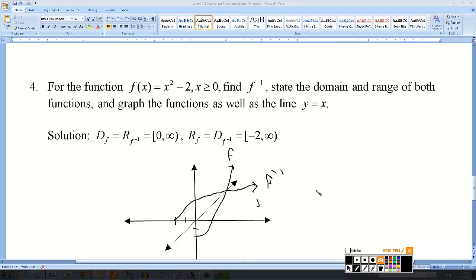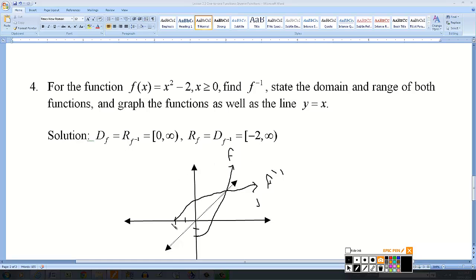So keep in mind that the domain of the function is the same thing as the range of the inverse, and the range of the function is the same thing as the domain of the inverse. So the domain of f is equal to the range of f inverse, which is 0 to infinity, 0 included. The range of f is the same thing as the domain of the inverse, and that goes from -2, including -2, to infinity.